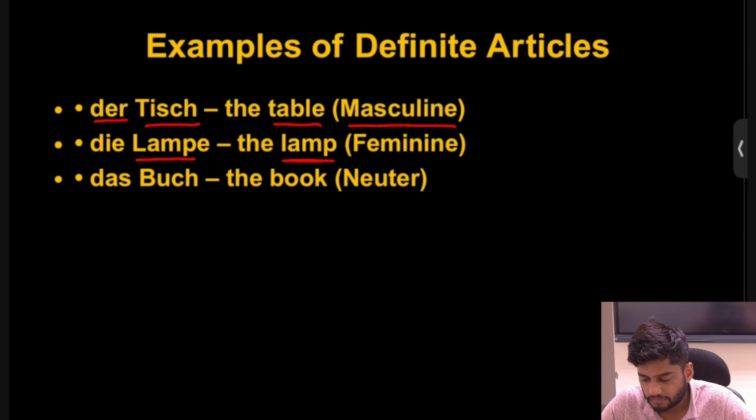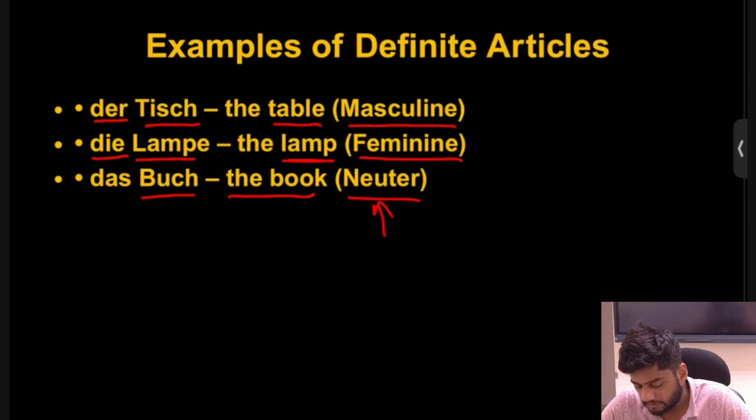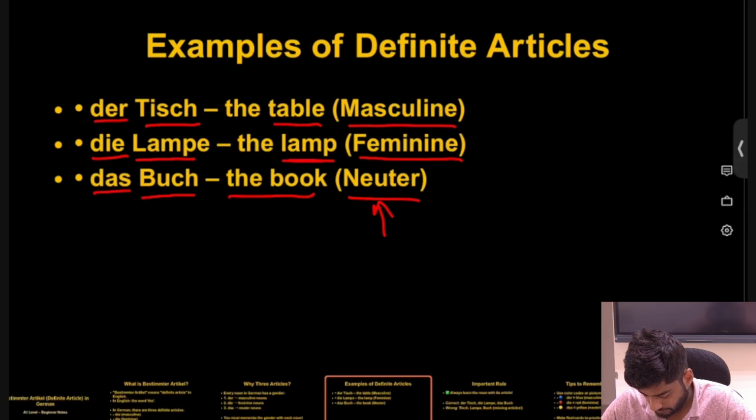They consider it feminine, the article is die. Okay, for example, next word is book. Meaning is the book, and guys they consider it non-living, neuter, so article is das. Das. Everyone, is it clear?